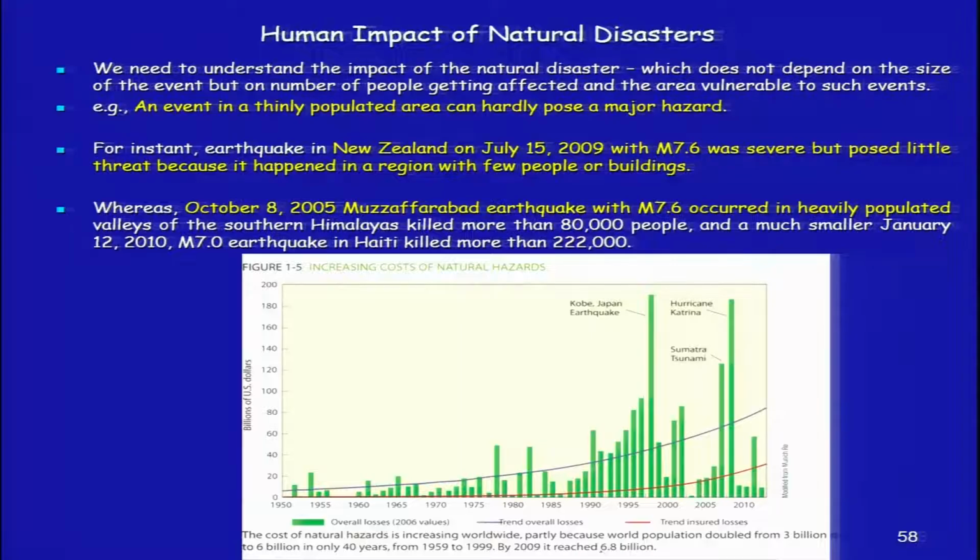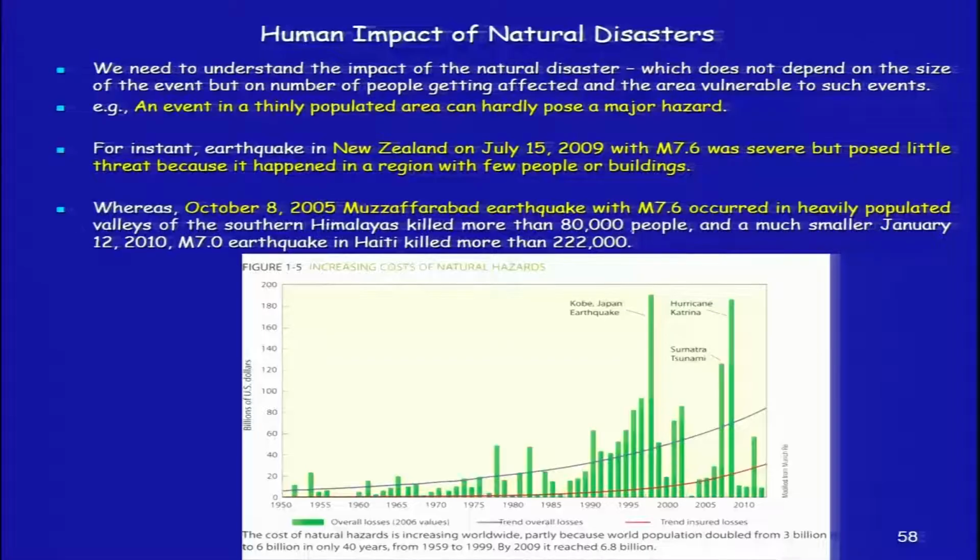At that time it said that it would reach 6.5 billion in 2009. So, more and more people are exposed to such events. Life loss in particular is going to increase, and more people will be affected in terms of the damage.